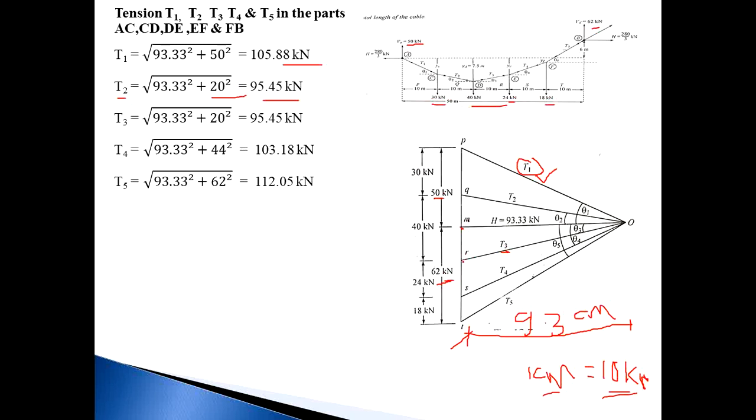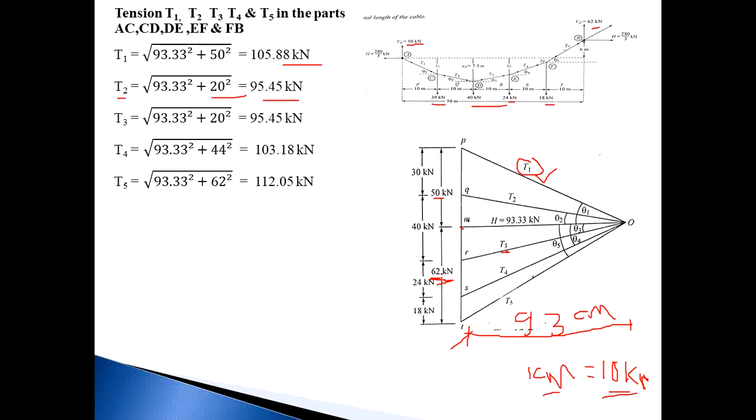Then next calculate T3. For T3, consider triangle RMO. I want to find the distance RM. We already know the TM distance, TM is 62, and we can calculate the RT distance. RT becomes RS plus ST, so RT is 24 plus 18, that is 42.